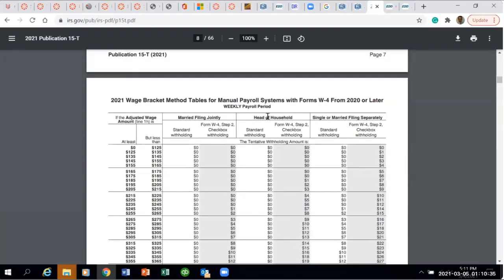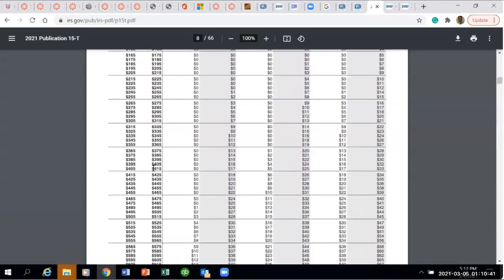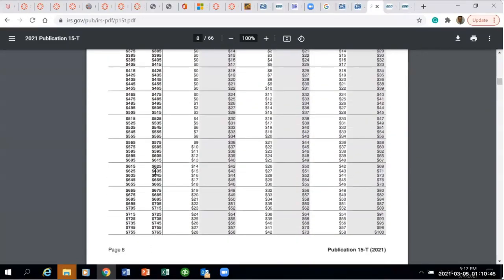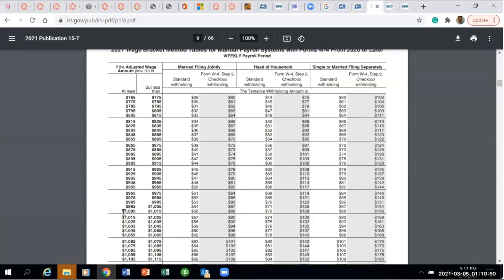So we go with 1,008 and we are looking at the table now. We are looking at the weekly and we are looking at the 1,008. I believe that's this one. And it is single, $88.